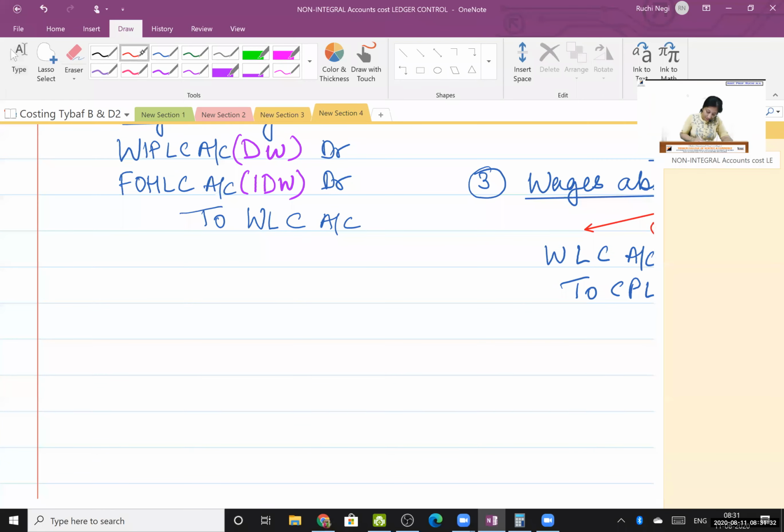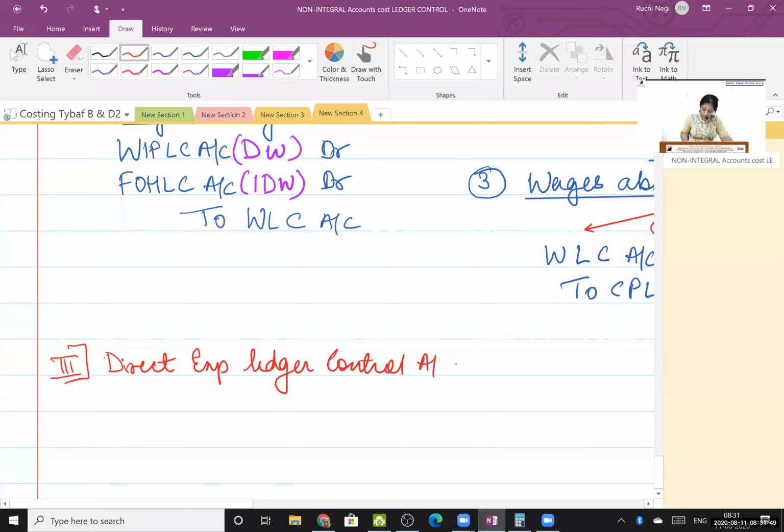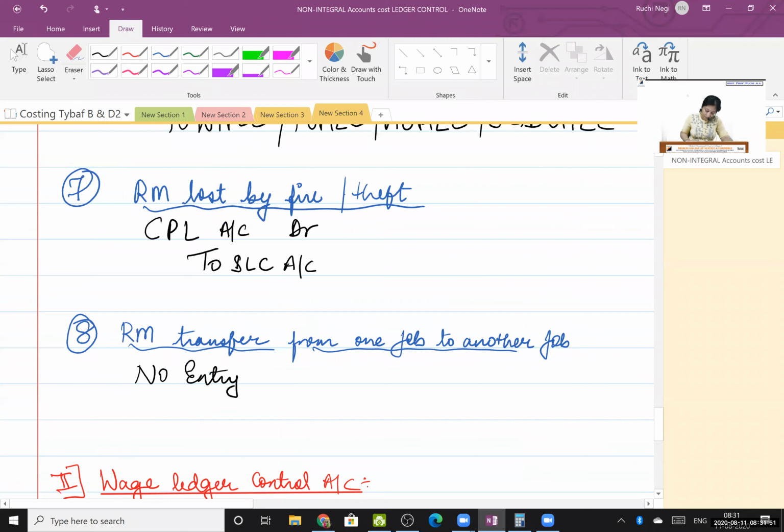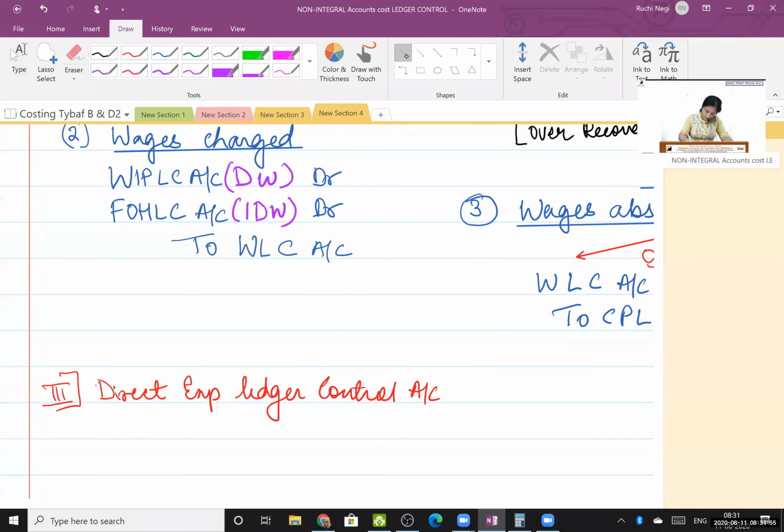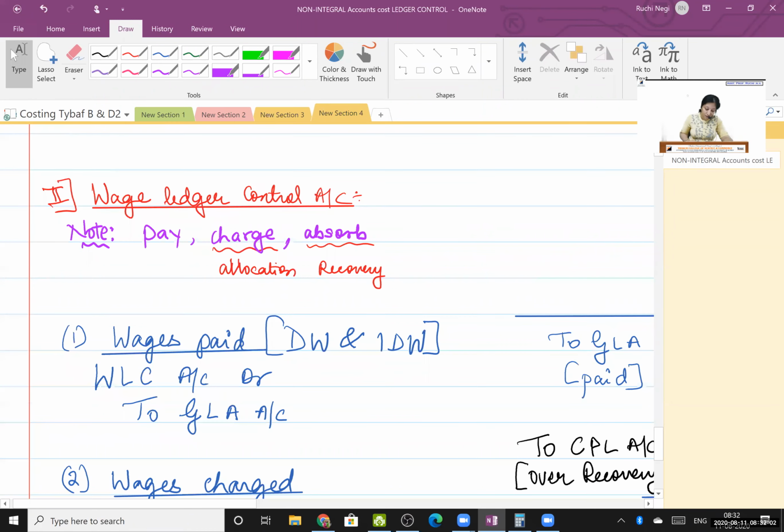Third one, direct expense ledger control account. Same rule, pay, charge, absorption.